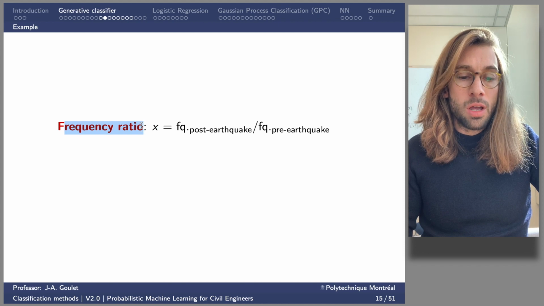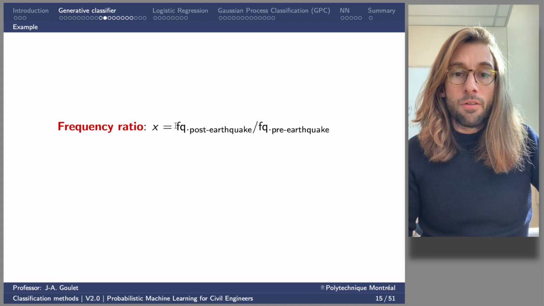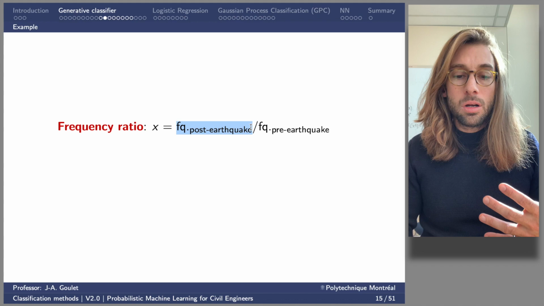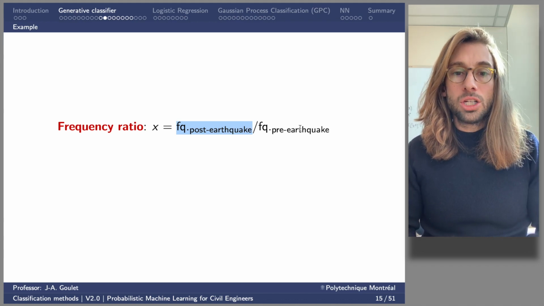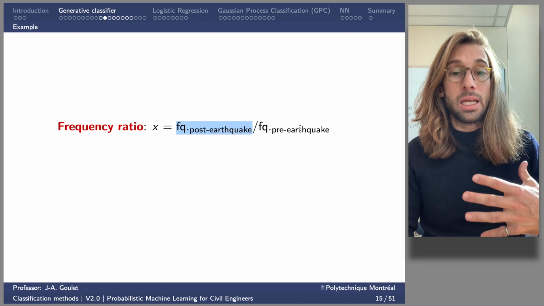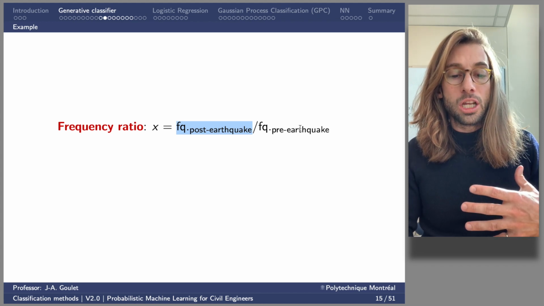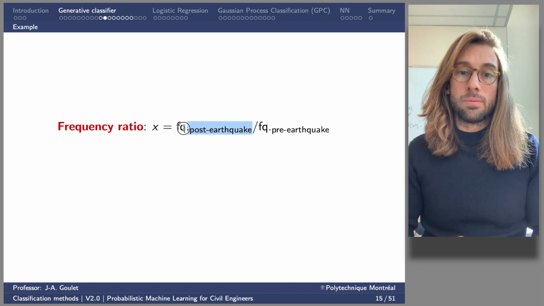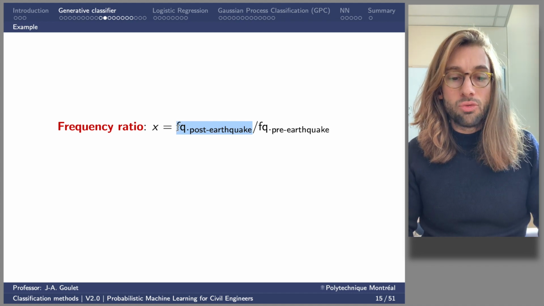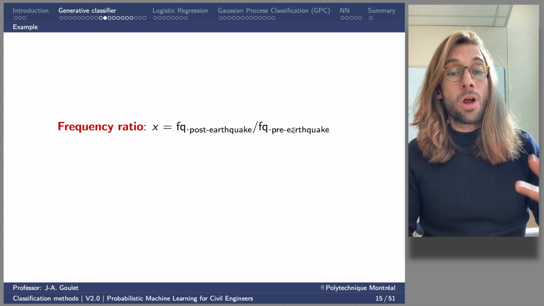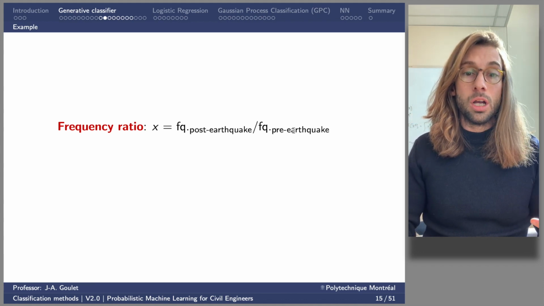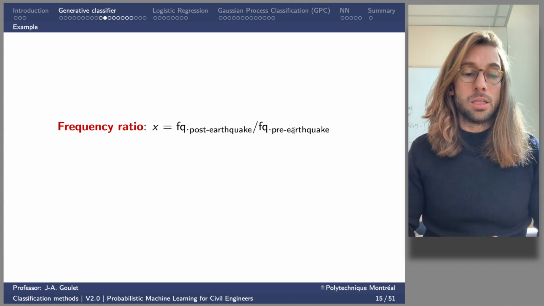It is the ratio of a building's frequency after versus before an earthquake. We imagine that the more damage a building has sustained, the lower its natural frequency is going to be. So by looking at that ratio post and pre-earthquake, we can use it as a proxy, a useful feature to discriminate between safe and unsafe buildings.